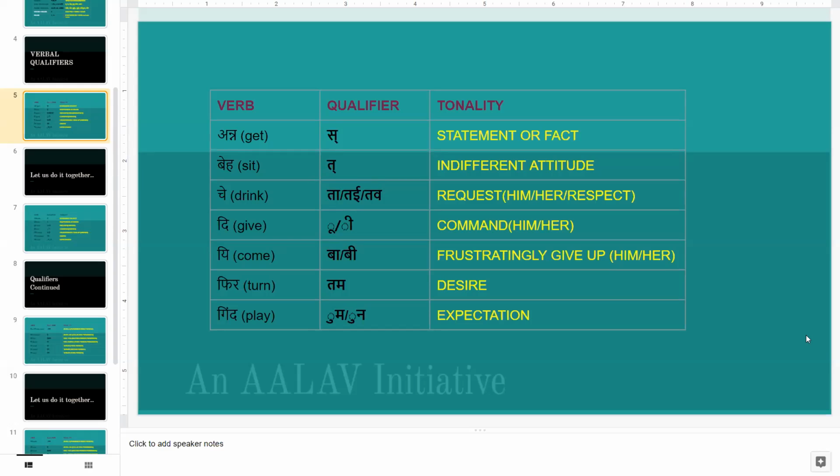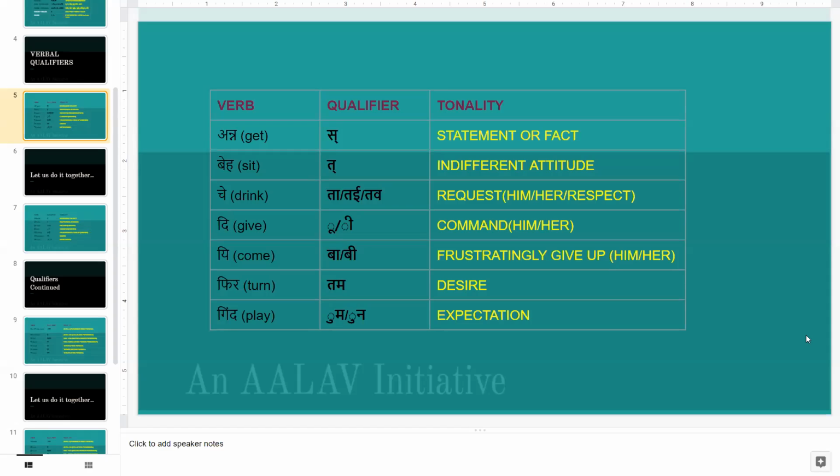You're requesting him, please sit down. You're asking some girl to sit down. Byuhu is a command. So you're asking that person, hey, sit. It's more of a command, not a very respectful way of saying it, but people say that.